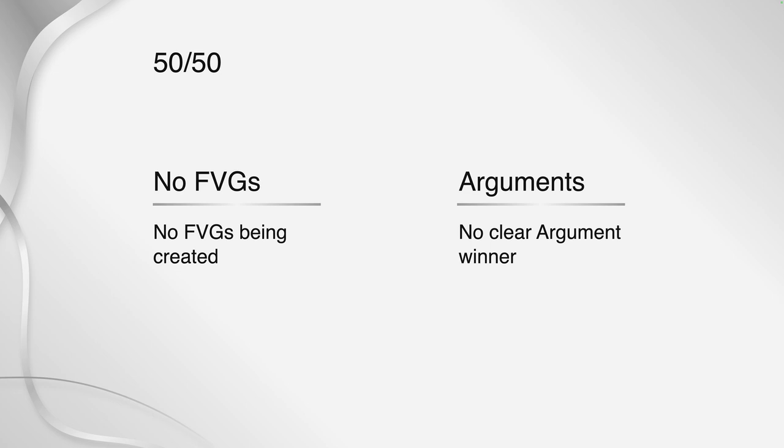So also we want to avoid that. Then a next 50-50 condition that you will hear me mention a lot of times is arguments. So no clear argument winner. That also leads to, again, 50-50 price action, which leads to low probability conditions. So let's go over them both right there.